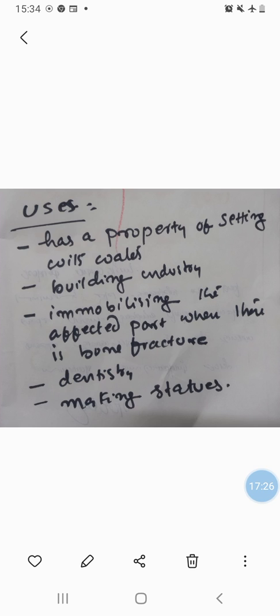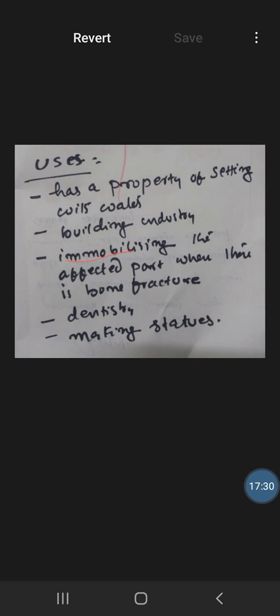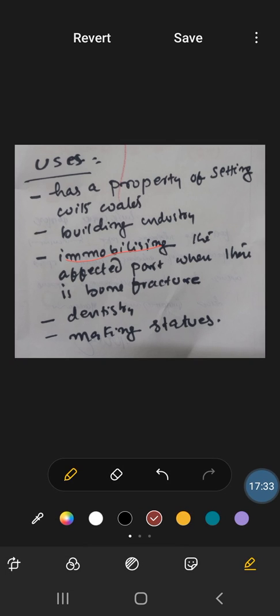It is used in plasters, that is immobilizing the affected part when there is a bone fracture. Okay, so in the case of bone fracture, the affected part is immobilized using plasters. So plaster of Paris used in plasters. It is also used in dentistry, right? So these are some uses of plaster of Paris. So these are some important compounds of calcium.